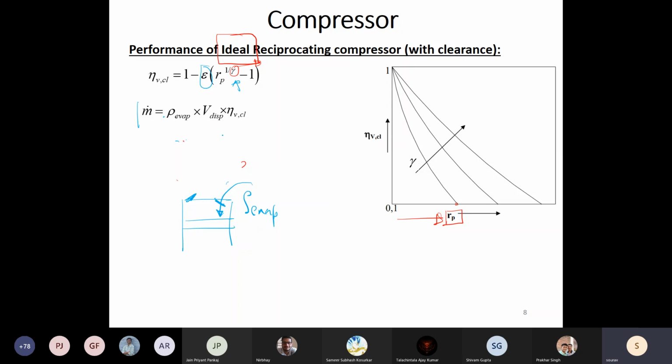It will be multiplied by the volumetric efficiency, and of course the number of cycles per second. If you have multiple cylinders and not just a single cylinder, then you multiply this number with the n cylinders. So this will be your mass flow rate sucked in by the compressor, and that is the mass flow rate delivered by the compressor to the condenser side.